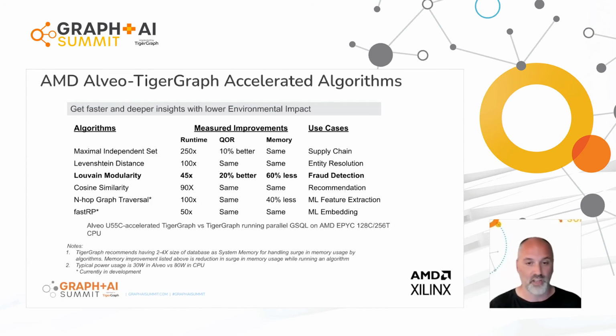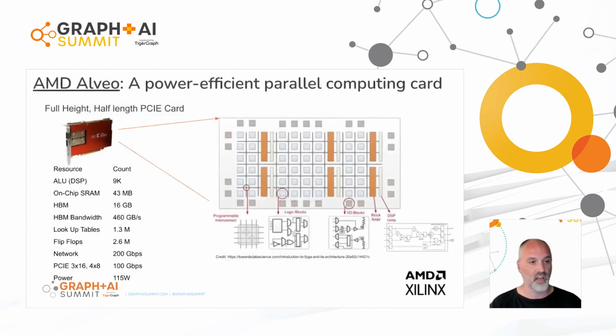So if we go to the next slide, we can have a more detailed look at what card makes this possible. This is the Alveo U55C card, which is a PCIe accelerator card, which has an FPGA, a field programmable gate array, on it. That FPGA has 16 GB of very high bandwidth memory, which can be directly accessed from the accelerator cores running inside the FPGA.